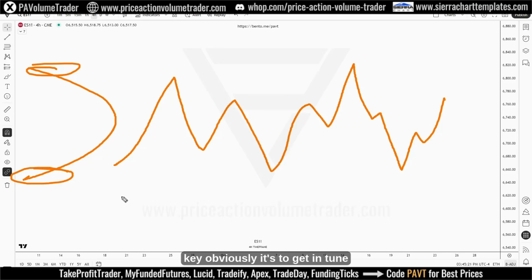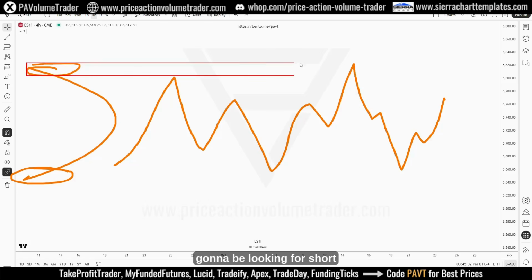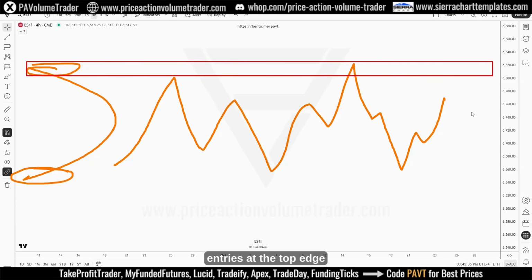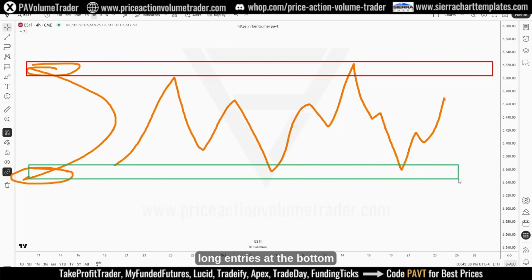The key is to get in tune with the market and identify exactly what kind of day we have, where we'll be looking for short entries at the top edge and long entries at the bottom edge. In this case, your protection should go just beyond the upper edge of the high volume node for buy stops, and just beyond the bottom edge for sell stops.